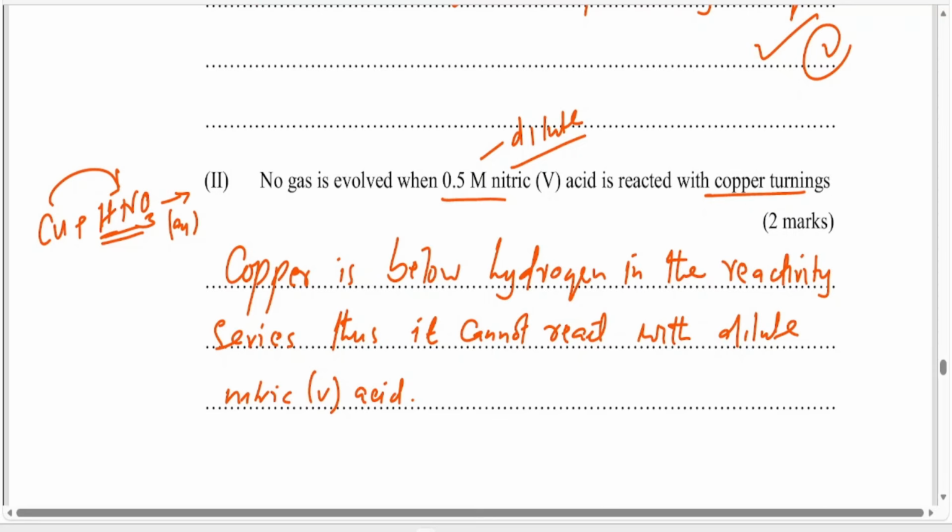Because hydrogen is more reactive, it cannot be displaced from that acid by copper, because copper is below hydrogen in the reactivity series. And that's the reason the reaction cannot proceed, because this particular solution is a very dilute solution of nitric 5 acid. This statement gives you 2 marks.